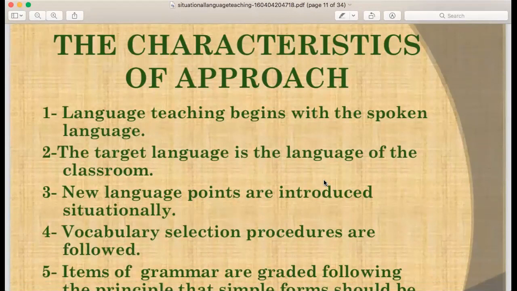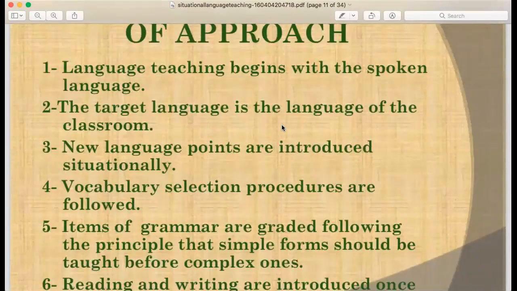And the use of the target language, which is of course common in direct method, audiolingual, SLT, and any method other than GTM. Most of the methods, I do not remember any other method right now except for GTM, where the mother tongue is given importance or used, right? So the target language is the language of the classroom, which is similar to audiolingual and direct method, okay?